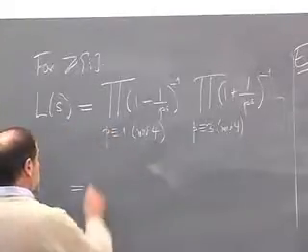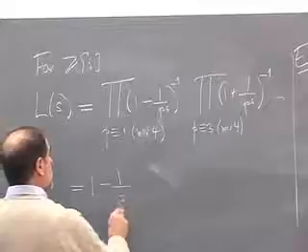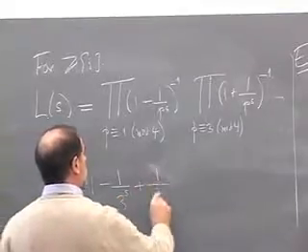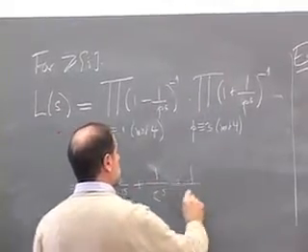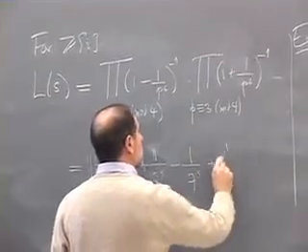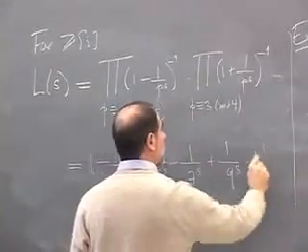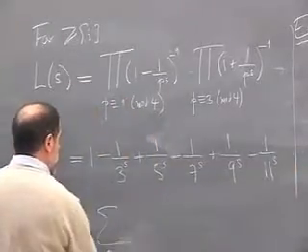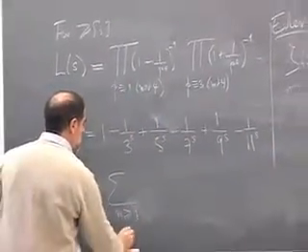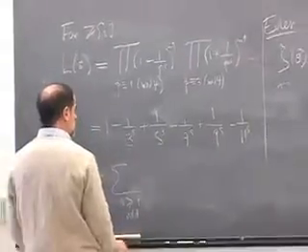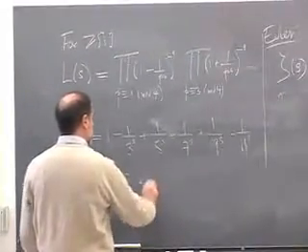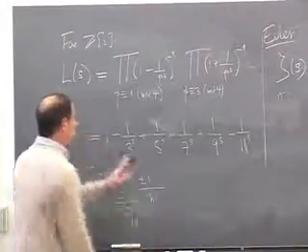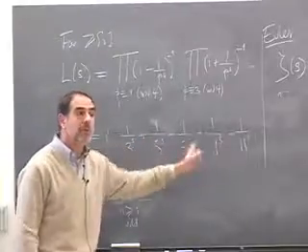So when you gather things up, it looks like this. 1 minus 1 over 3 to the s, plus 1 over 5 to the s, minus 1 over 7 to the s, plus 1 over 9 to the s, minus 1 over 11 to the s, etc. Equals a sum over n greater than or equal to 1, odd, plus or minus 1 over n to the s. And the plus or minus depends on whether it's 1 mod 4 or 3 mod 4.